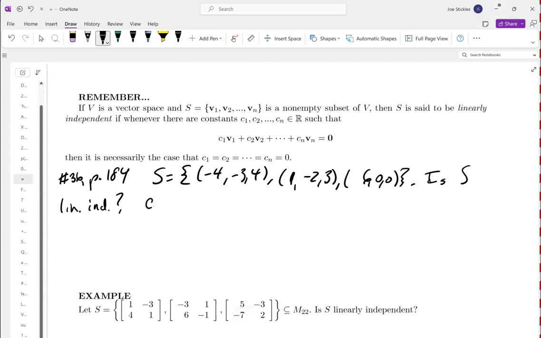So if I do C1 times the first vector, C2 times the second vector, and C3 times the third vector, and I want to get the zero vector out in the vector space that we're talking about, these vectors are in R3. So the zero vector in R3 is (0, 0, 0). So we start with this linear combination that gives us the zero vector.